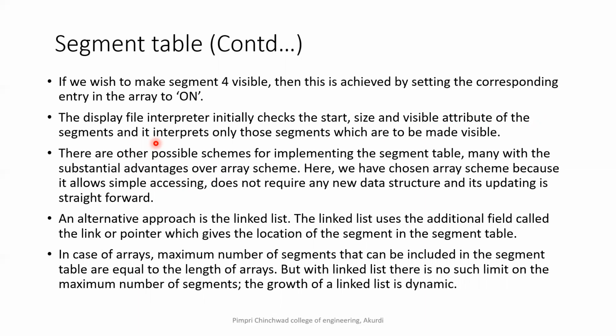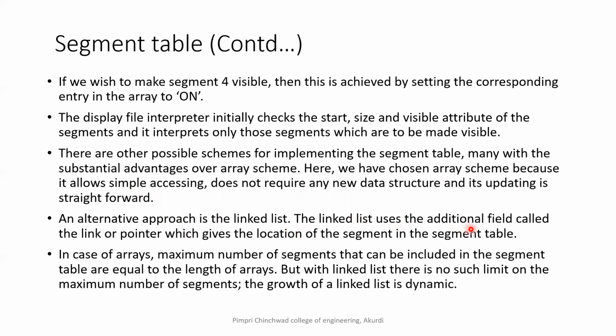There are other possible schemes for implementing the segment table, like the linked list. And as we know, linked list has some advantages over array scheme. But array scheme is chosen because it allows simple accessing, doesn't require any new data structure, and updation is also straightforward. Now let us consider the linked list.